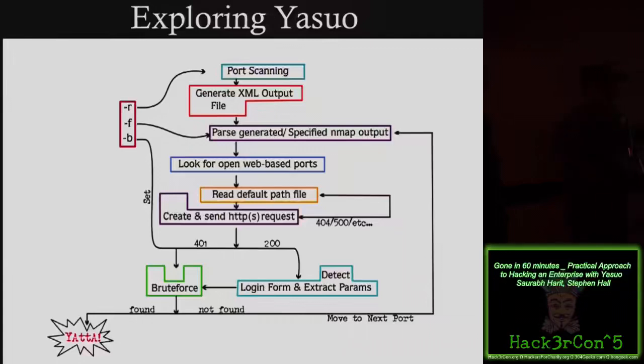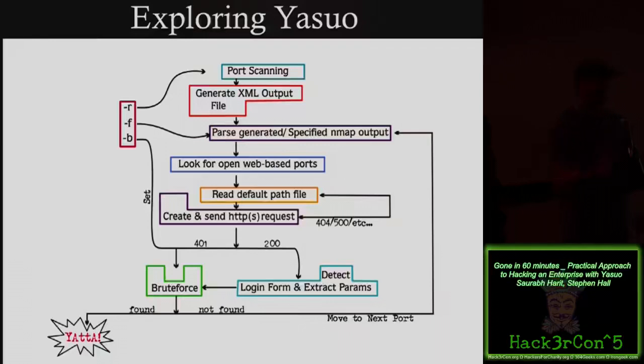So initially, like I mentioned, it does port scanning, creates an XML output file, and then starts parsing that XML output file, looks for open web-based ports, reads the default path.csv file, and then creates an HTTP or HTTPS request and sends it to the server. Depending on what kind of response you get, if you get 400, then it looks if the page has a login attribute or username password attribute, and then asks you if you want to brute force that, and it brute forces it.